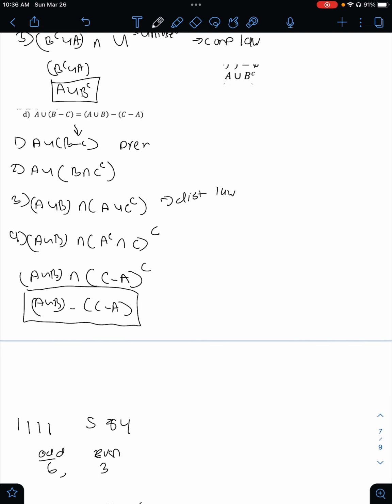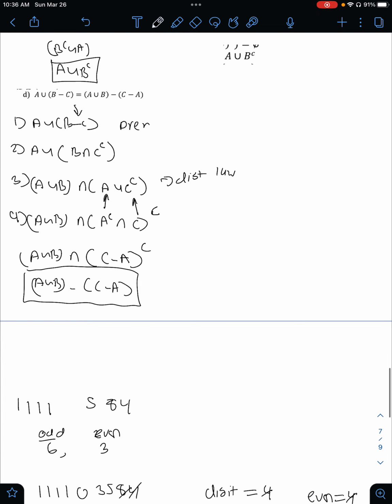And so now that we have that all distributed, we can play around with our complements. We put this complement outside, and if you distribute it, that A complement turns to A. So these are all equivalent statements, we just moved the complement outside, and remember we have to switch our signs.